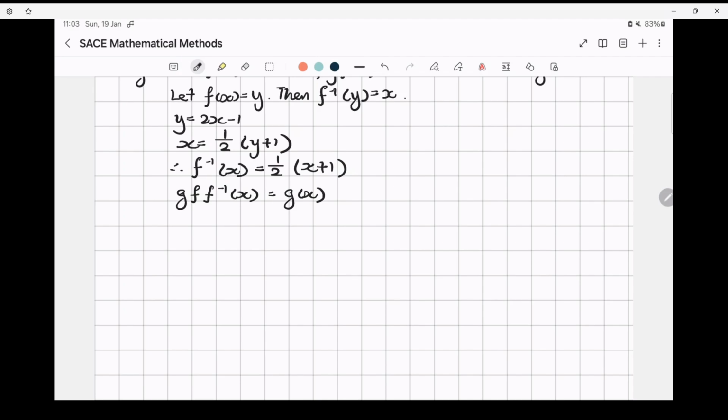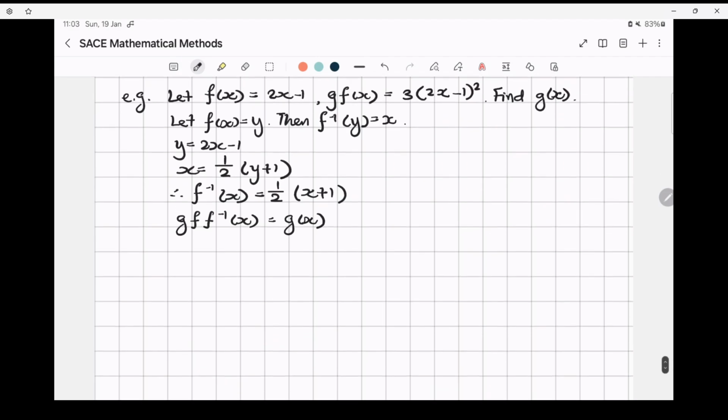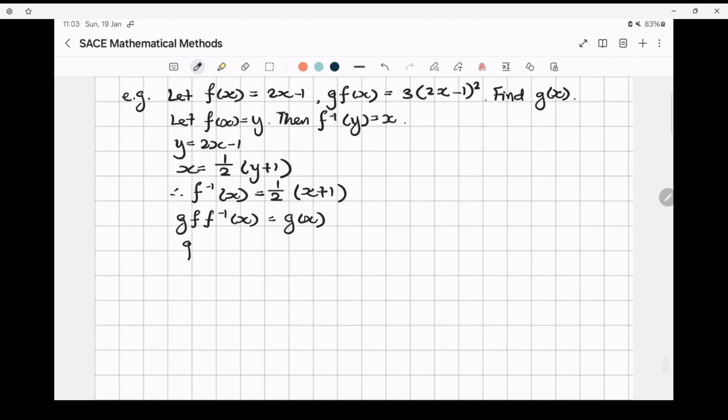So on the left side, you composite g of f with 1 over 2 times (x plus 1). This will be 3 times (2 times 1 over 2 times (x plus 1), and then minus 1) squared.